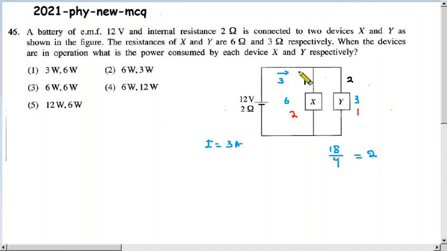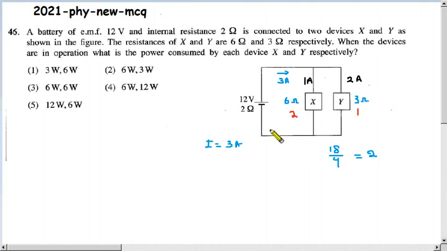Altogether the current is 3 ampere. Therefore 1 ampere here and 2 ampere here. So in this 6 ohm resistor, the current is 1 ampere, and in the 3 ohm resistor, the current is 2 ampere.